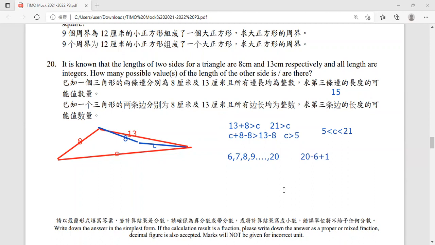So how can I know that there are 15? From counting from 6 to 20, just like counting from 1 to 20, removing 1 to 5. So it's just 20 minus 5, which is 15. Just that.